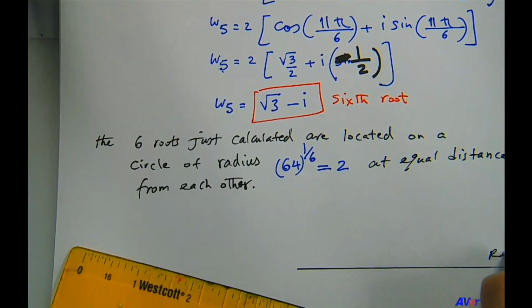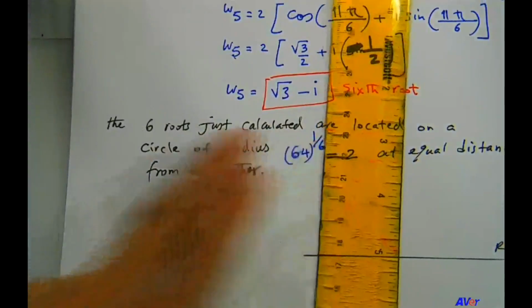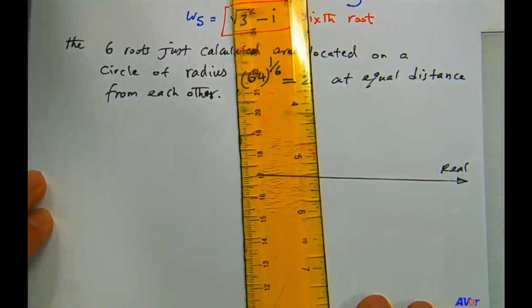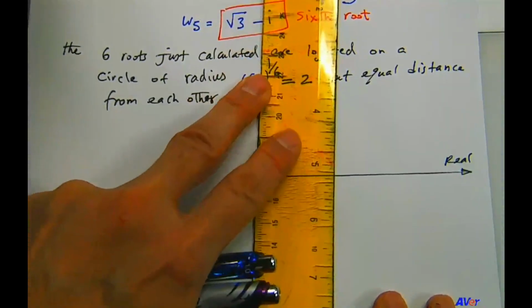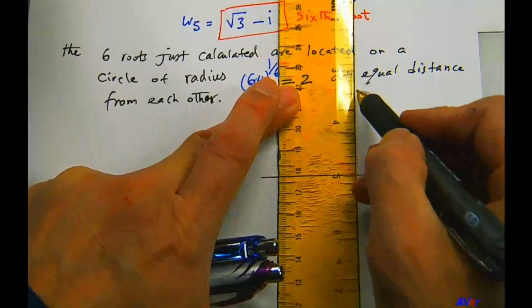So this would be the real axis, and I'm a little bit off the screen there. Let me move it into focus here. Real, and then of course the imaginary axis.